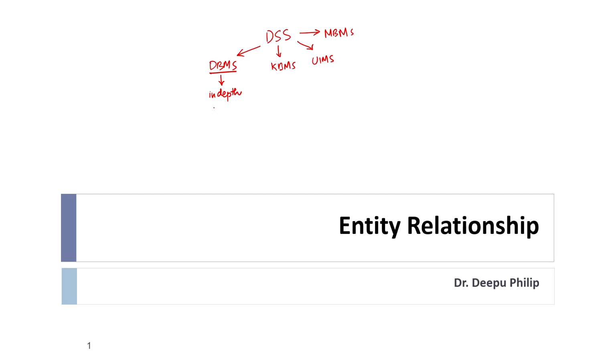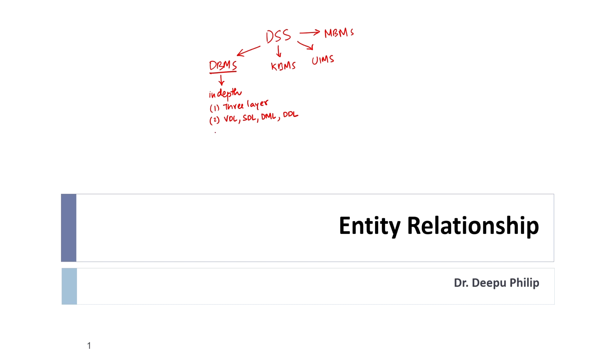In this aspect we have already seen the three layer architecture: the view definition language, storage definition language, then the data manipulation language, data definition language, etc. We have seen that aspect as well, and we have also seen what a query language is, etc. that we have already talked about.